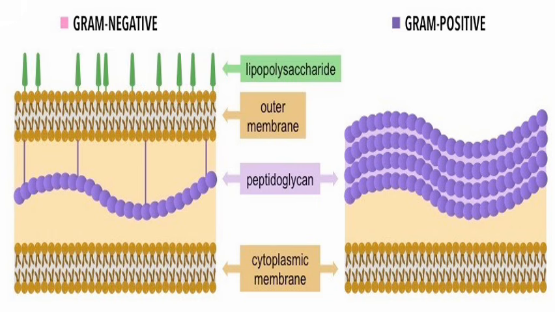Please notice that in gram-positive microbes, there is a thick layer of peptidoglycan surrounding the plasma membrane. While in the gram-negative cell wall, it contains an additional outer membrane made up of lipids, and in between the two membranes containing lipids, the outer and inner cytoplasmic membrane, there is a thin layer of peptidoglycan.